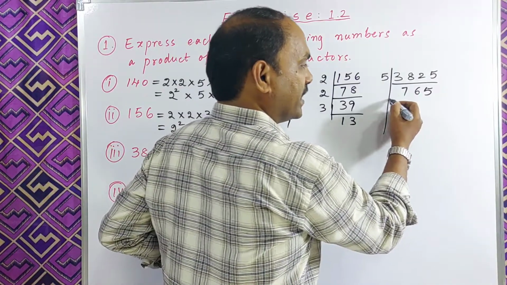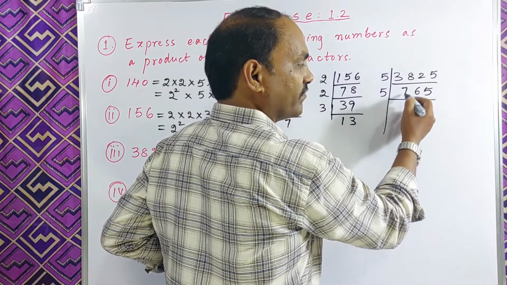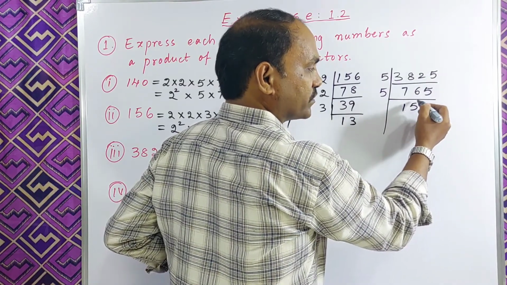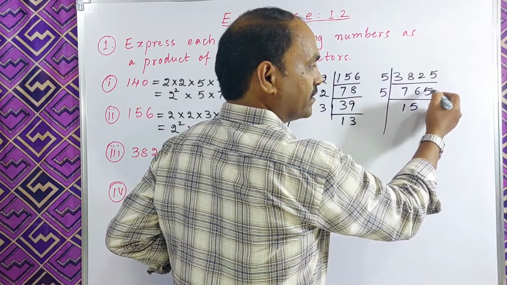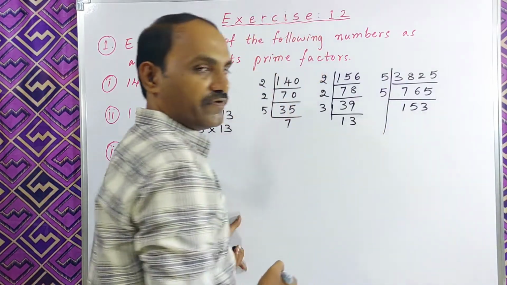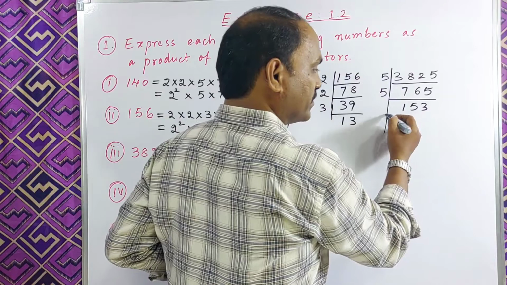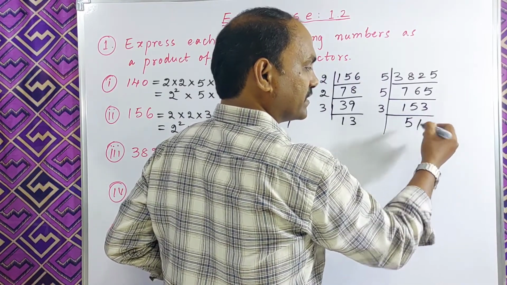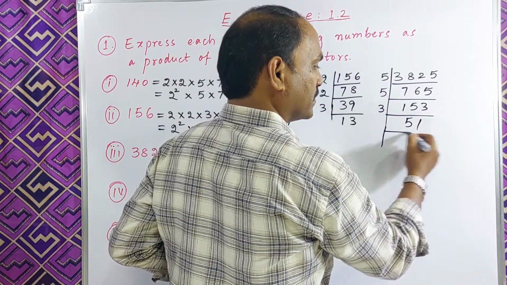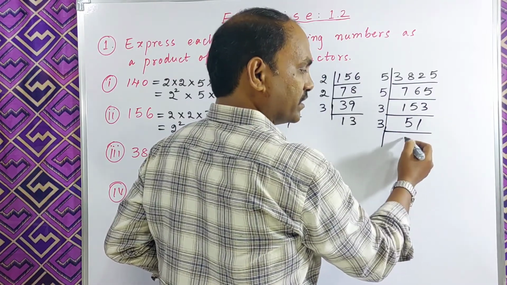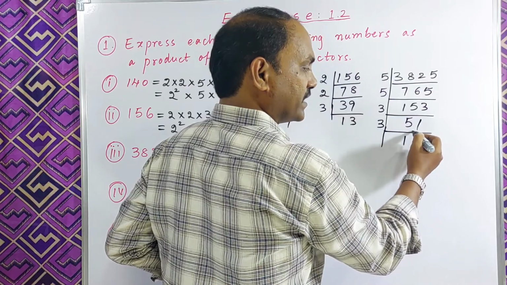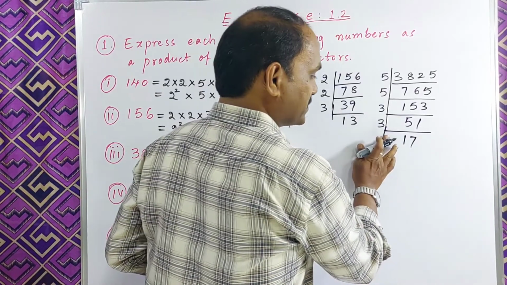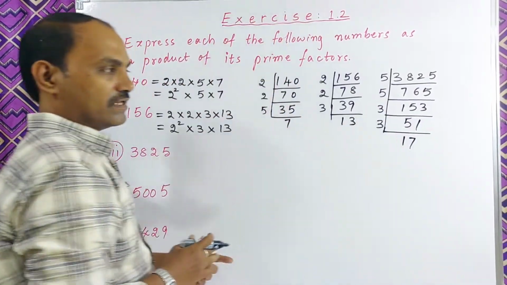Now again 5 is there, so 5 only. 5 ones are 5, 2 is there, 26, 5 fives are 25, 1 is there, 15, 5 threes are 15. Now this one is divisible with 3. 3 fives are 15, 3 ones are 3. Next again with 3 only. 3 ones are 3, 2 is there, 3 sevens, so 17. No need to write 17 again, this one only.